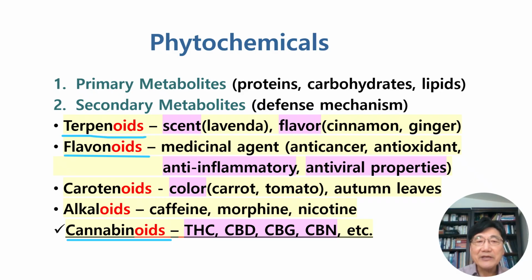Secondary metabolites are typically classified into several types. The suffix "oid" came from the Greek, meaning resembling something. Chemically, it is a group of compounds that resemble a basic structure. Today, I will focus on three kinds of major compounds of cannabis, such as terpenoids, flavonoids, and cannabinoids.